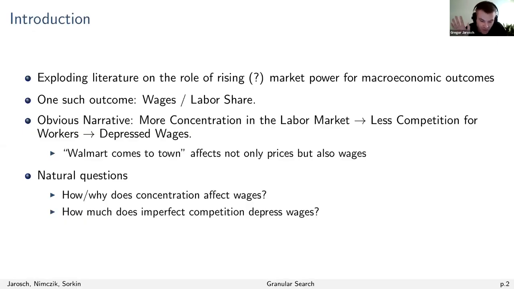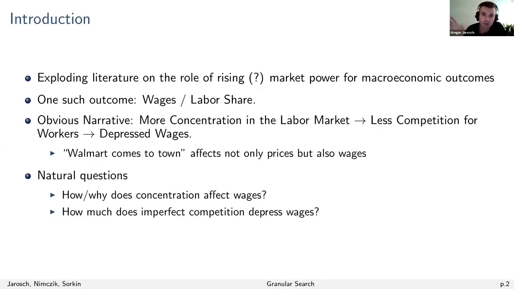I think it's fair to say that this literature shares a premise that market power in various dimensions might be on the rise. A lot of people nowadays argue that one aspect of COVID is that the big firms are going to come out of this even bigger, and the small firms are going to get wiped out.